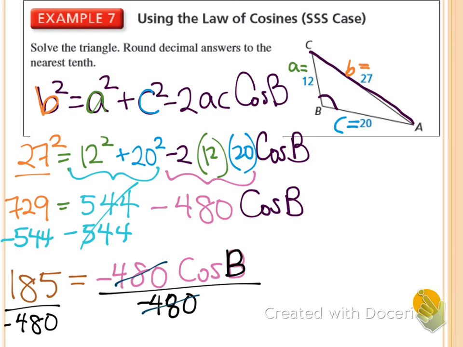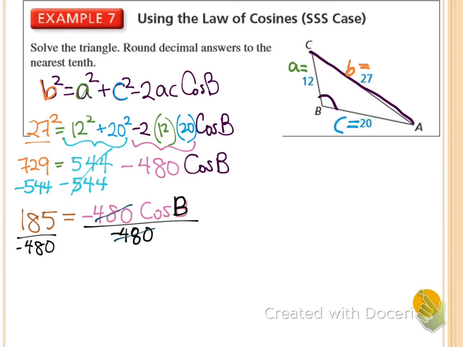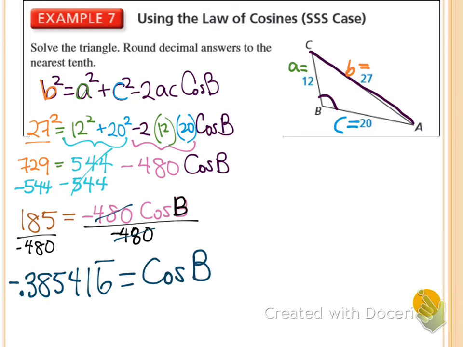So we're going to divide. By now you've gotten a negative decimal, about negative 0.385416, and it says it's repeating. It equals cosine of B. To get B by itself, it's currently attached to cosine.